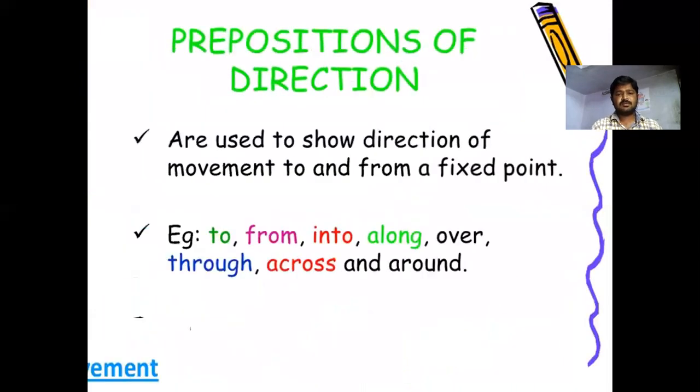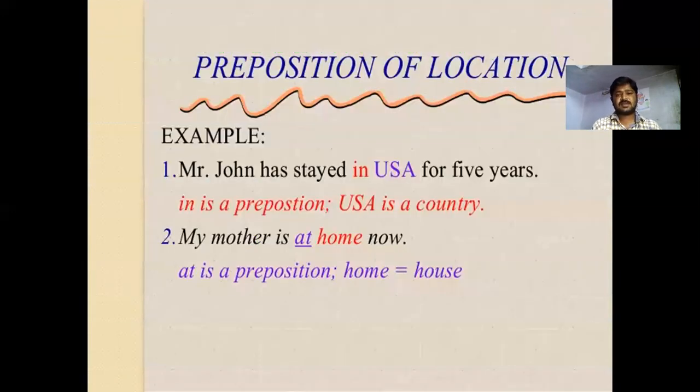These are also movement prepositions. Prepositions of direction are used to show the direction of movement to and from a fixed point. Examples: to, from, into, along, over, through, across, and around. They are used from a fixed point to another part of the sentence.